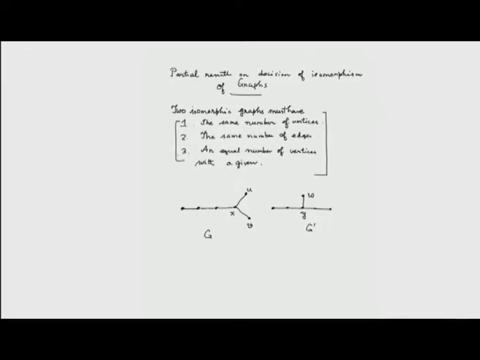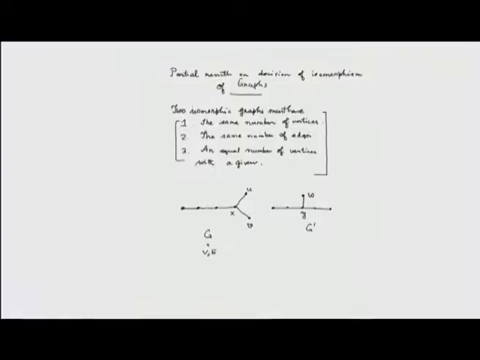And in G there is exactly one vertex with degree 3, and in G prime there is exactly one vertex with degree 3. Now, what we claim is that these two graphs are not isomorphic. So, we have to show that they are not isomorphic, although it is now clear that G and G prime satisfy all these 3 conditions.